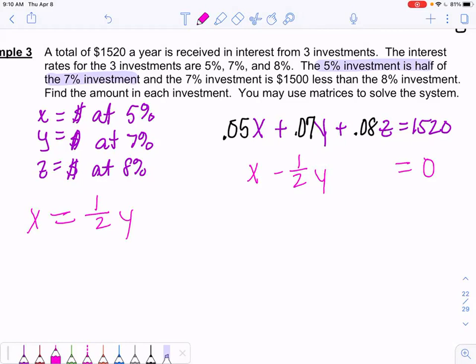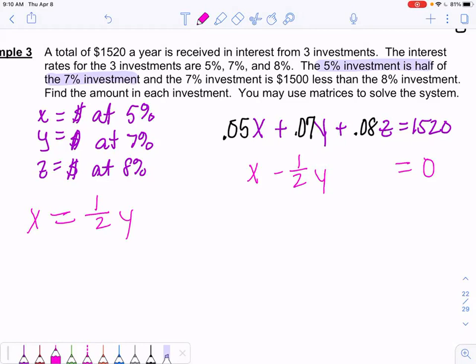Oh, okay. So my X is less than the amount I'm investing at Y. Does that make sense? If I invest $1,000, my X is half of that amount. So my X should be 500, my Y should be 1,000. The higher the interest rate, the more money you want to invest because you're earning more money for that account.